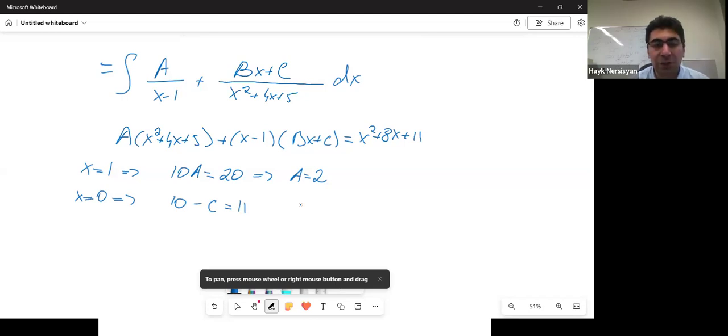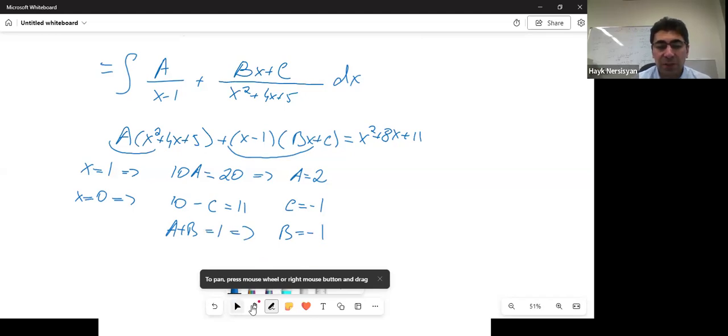So our c is minus 1. And to find b, we can think about the coefficient of x squared. So coefficient of x squared here is a plus b should be 1, right? So a plus b equals to 1 implies that b is also minus 1.